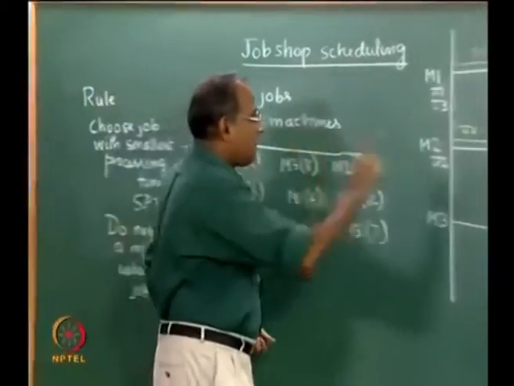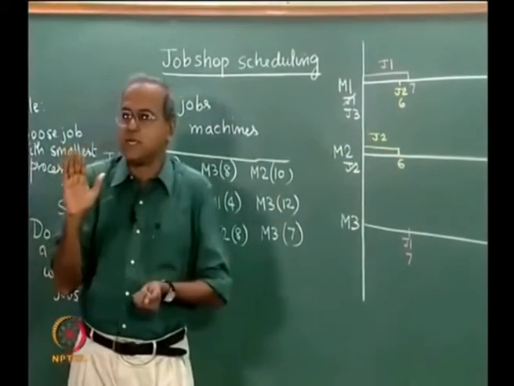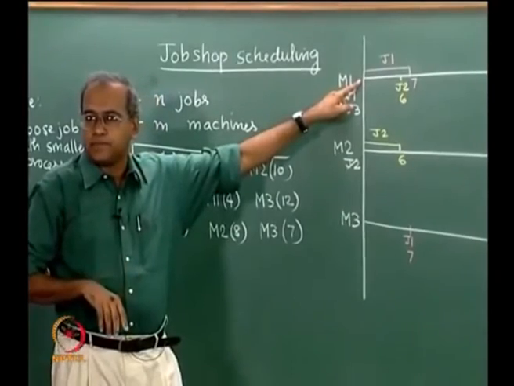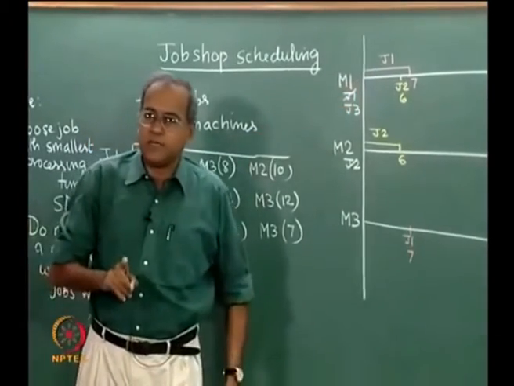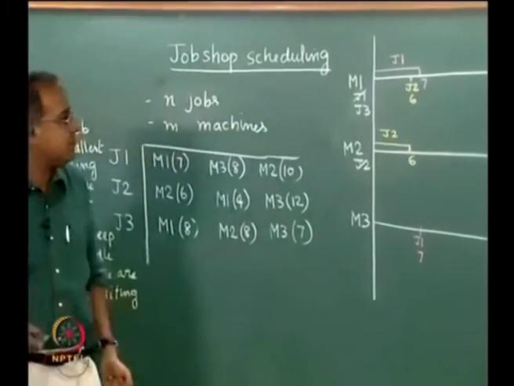Therefore, we will not consider that J2 is going to come after 6 minutes when we make a decision here at time equal to 0.